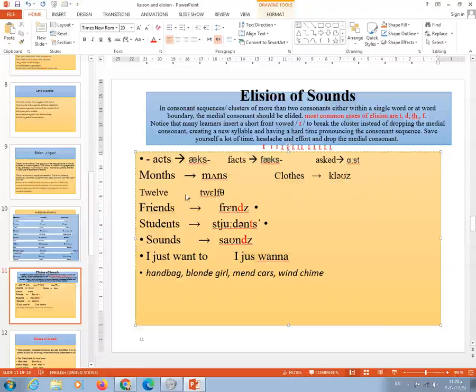طب 12 apply the rule. نص على طول الميديال consonant. We say it by the medial consonant.